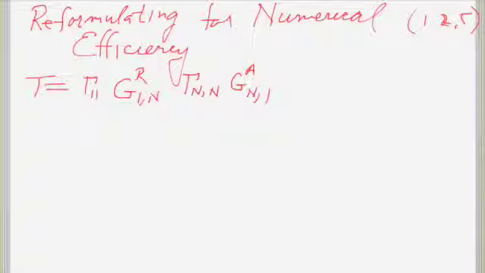That you can get very efficiently, if that is all you need. So we're going to reformulate the transmission calculation so that you only need the 1,1 element of the Green function. Then you can come up with some very numerically efficient algorithms.